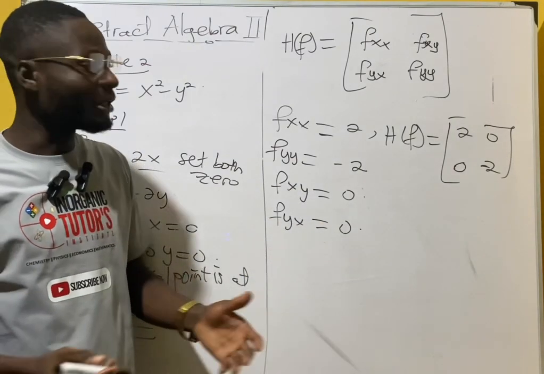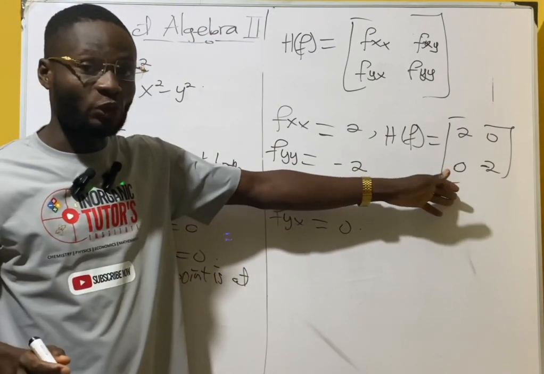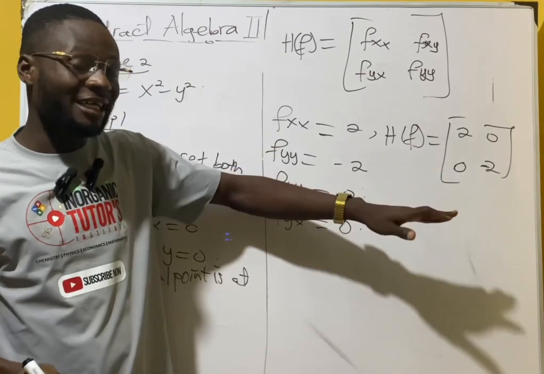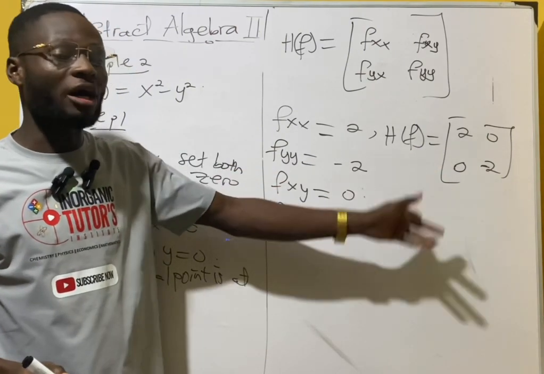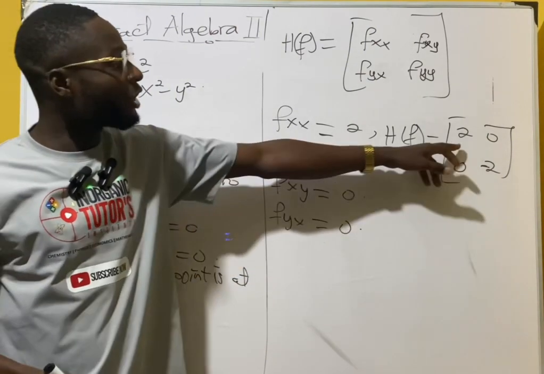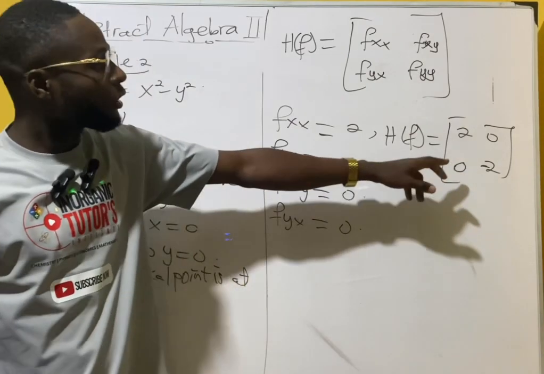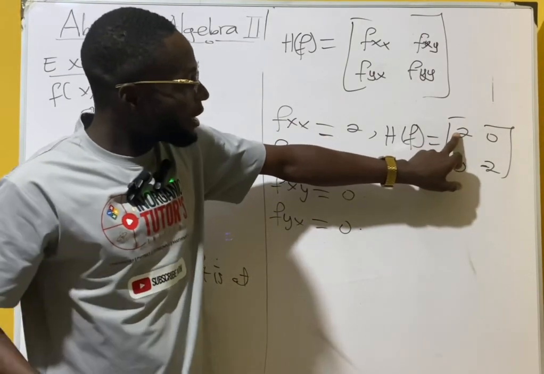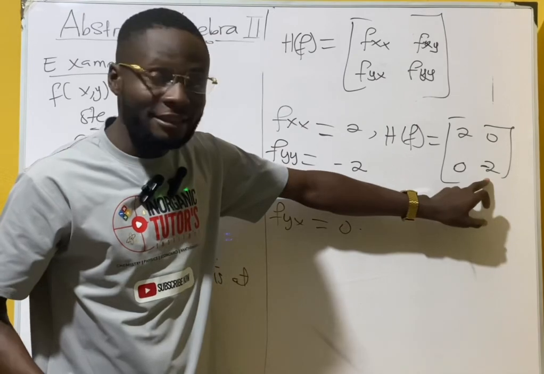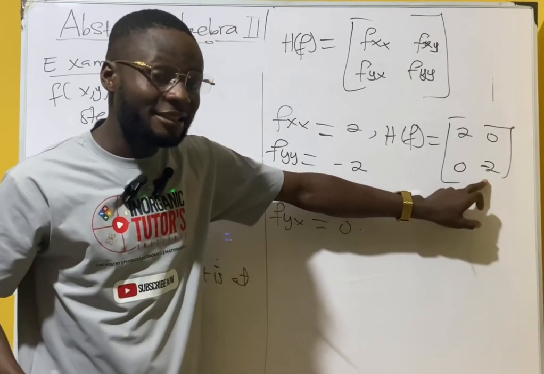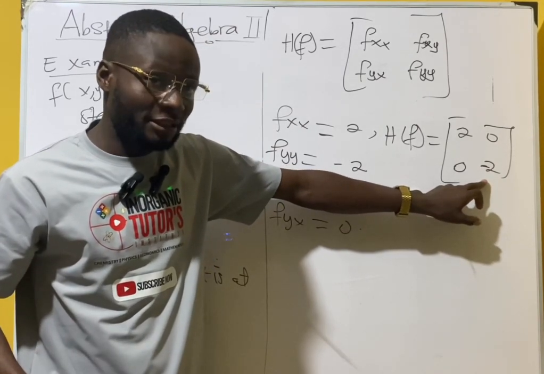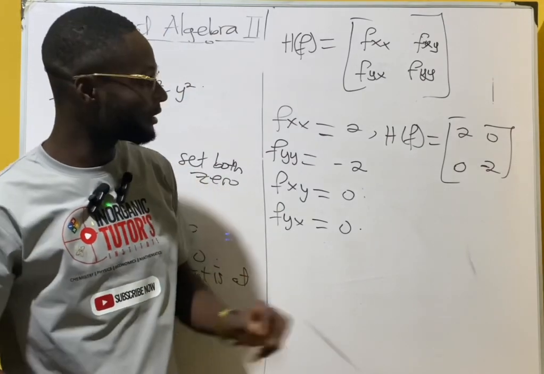Now we know the Hessian matrix. This is a diagonal matrix. So if you want to determine whether it is a local minimum, local maximum, or saddle point, you have to check the eigenvalues. This is positive, this is negative, meaning it is a saddle point. Let me take it again.